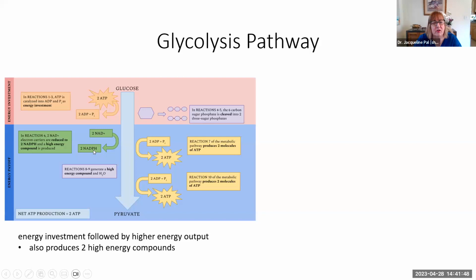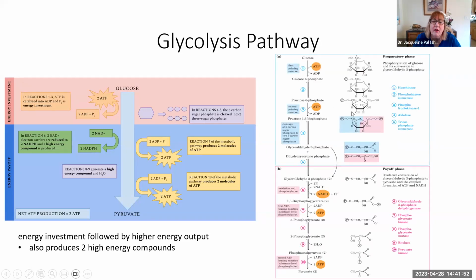So we're going to have our 2 high energy compounds. Here are all the steps and the shapes of the different molecules. We don't have to learn that in this class. But I just want to show you, here's an ATP going in, here's an ATP coming out, here's an NADH coming out, here is ATP going out, and here's ATP going out.